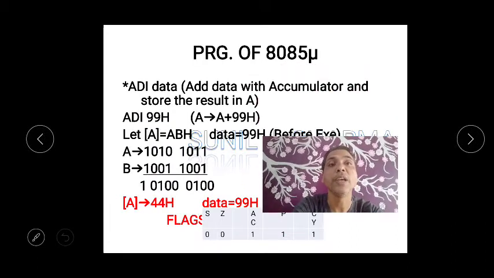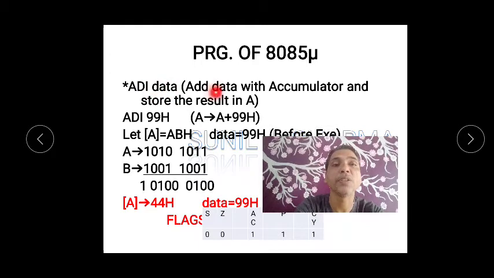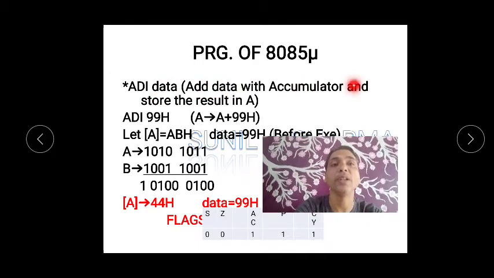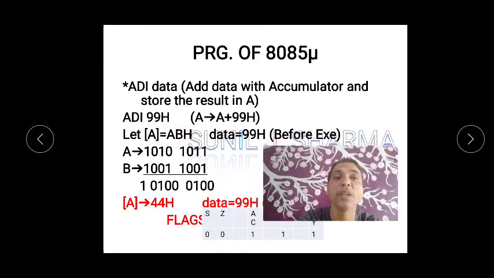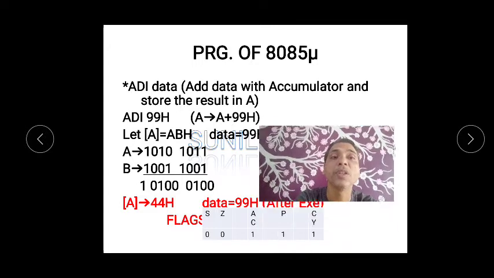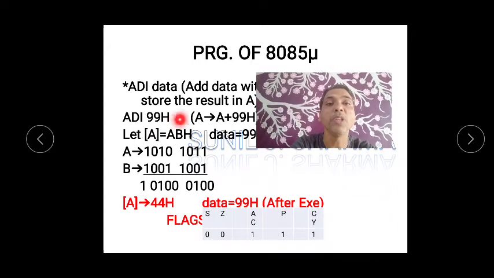Now you can see we have ADI. I means immediate data. That's why it adds data with accumulator and stores the result in accumulator. Suppose let's take an example, ADI 99H. Now what is this 99H? It is data. The content of accumulator is AB, data is 99H. Same thing we have done.